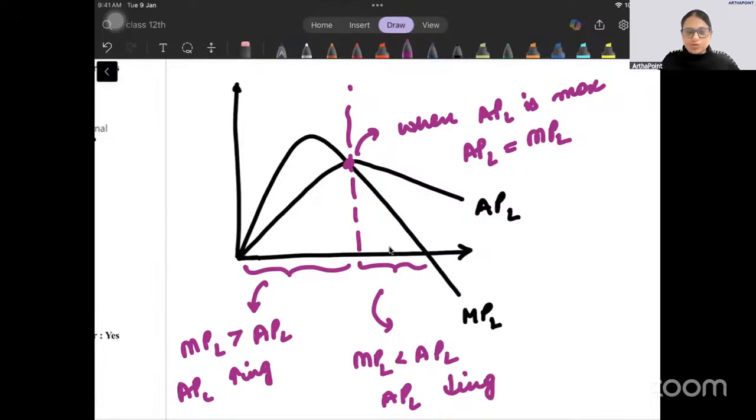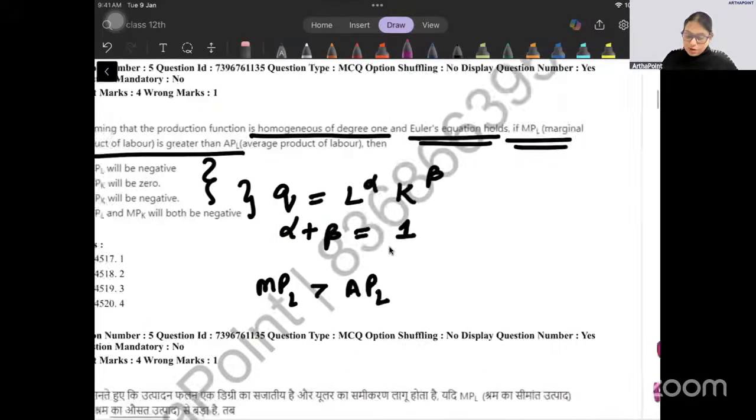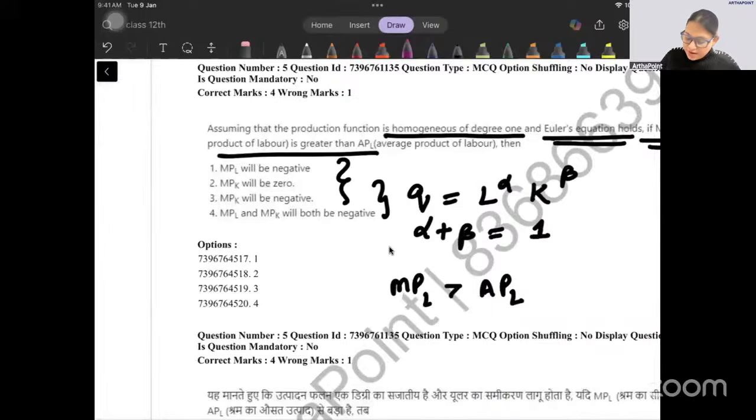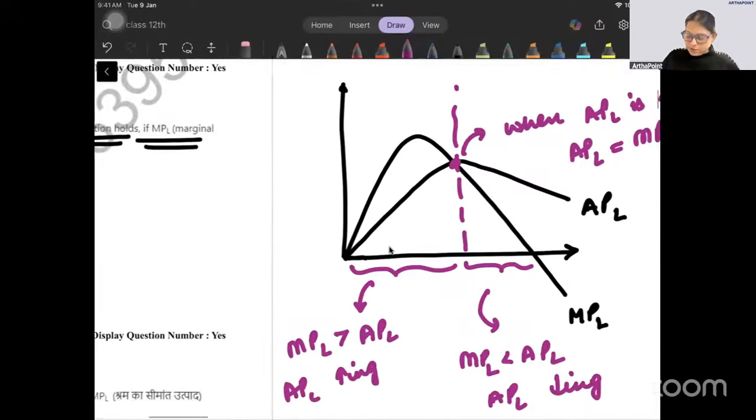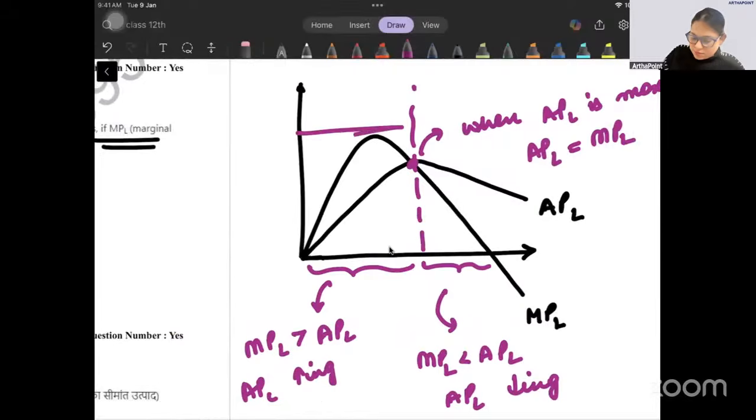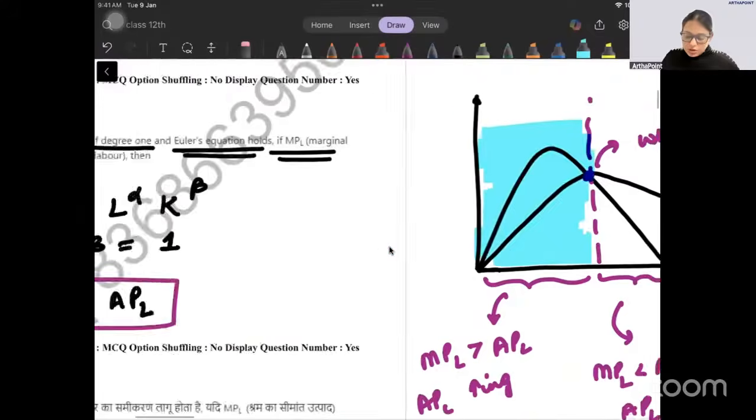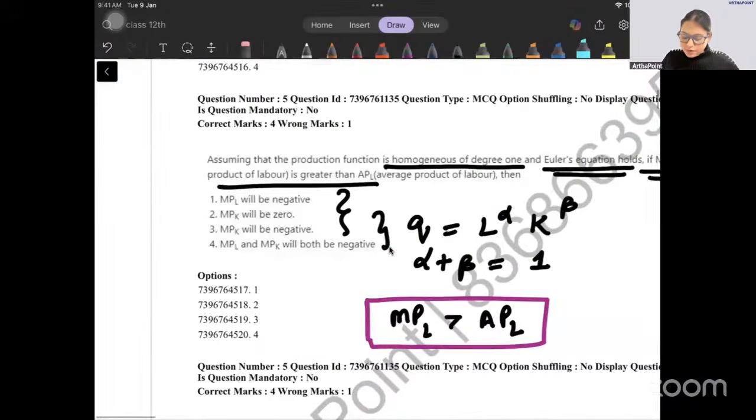Right? This is the general relationship. Now the question is saying that the marginal product of labor is greater than the average product of labor. This, right? The question is asking which of the following will be true.